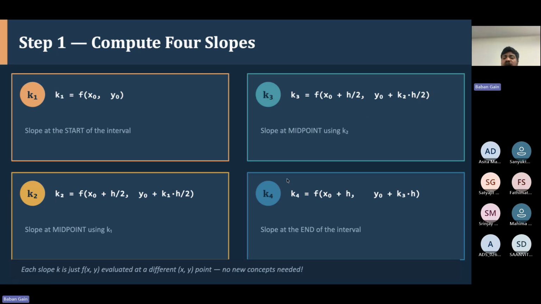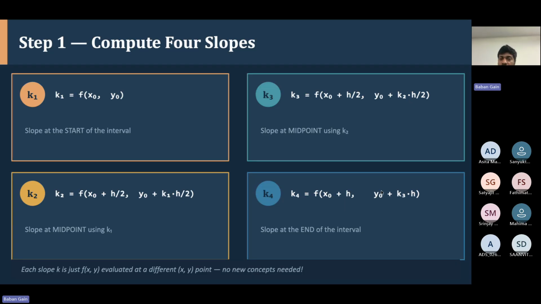Like this. Similarly, for K4, you have to apply f of x0 plus h. So here it is 1.05, but here it is 1.1. And then from y0, you just have to use the K3 value multiplied by h, which is 0.1. I will show an example in the assignment.